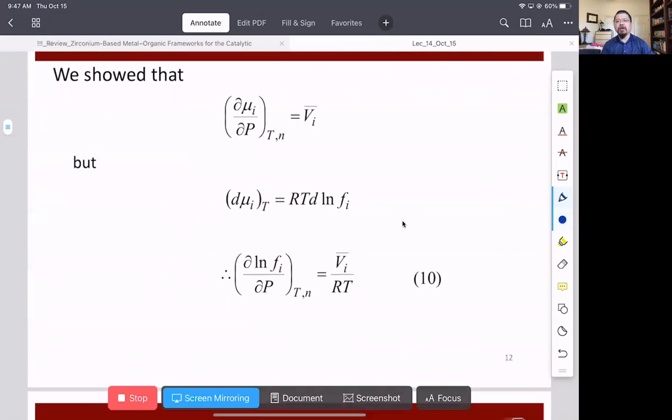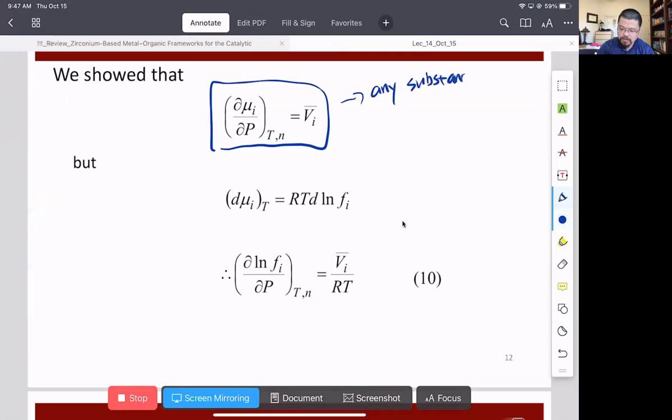Now move forward. I hope you see what is coming. So here is still the general equation, and keep it in mind this is the equation for any substance. All right. So we have the equation to correlate chemical potential, and now we have some other correlation to express chemical potential as RT d log Fi.